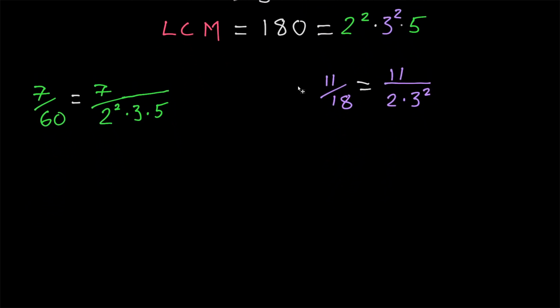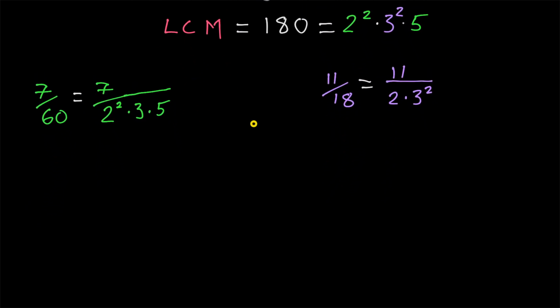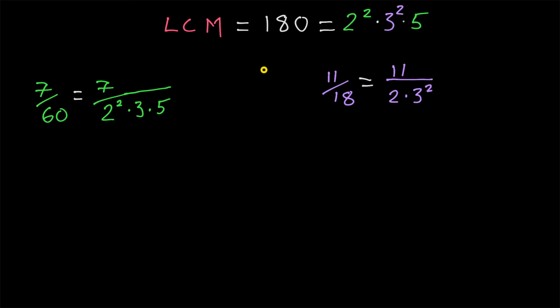So if you just focus on these three lines, it will be almost immediately obvious to you how you can convert these into equivalent fractions. Well, notice that 60 is 2 squared times 3 times 5, but the lowest common denominator is 2 squared times 3 squared times 5. So what are we missing in this denominator?